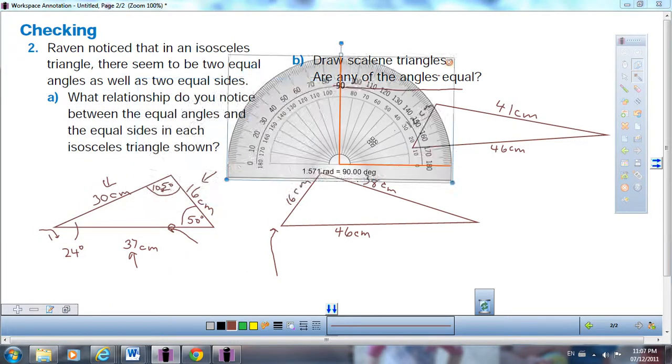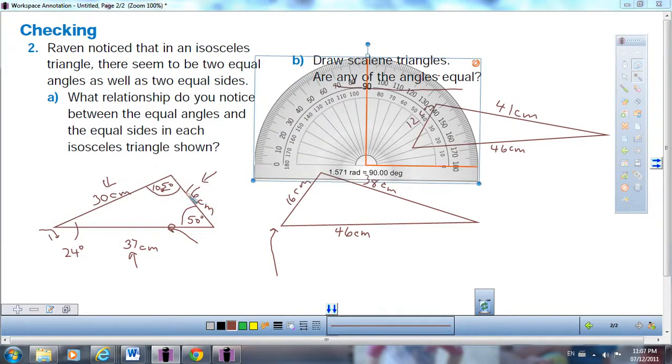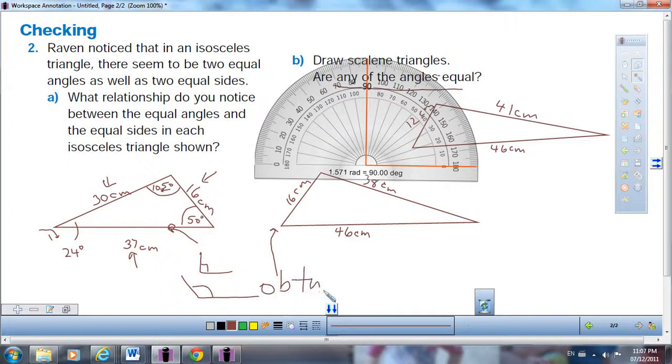The hard part, though, is how do you measure an angle that looks like this? You may remember that an angle like this, if it's greater than the letter L, angles greater than the letter L are usually called, starts with an O, obtuse. They're obtuse angles.